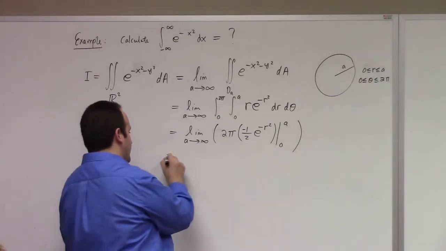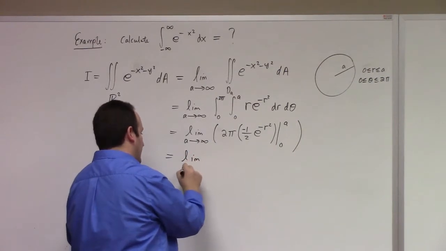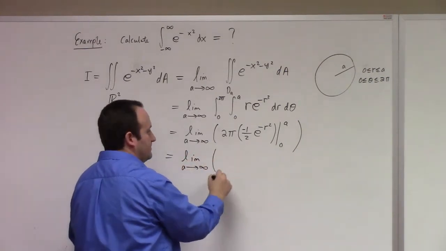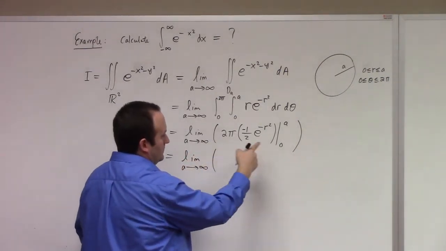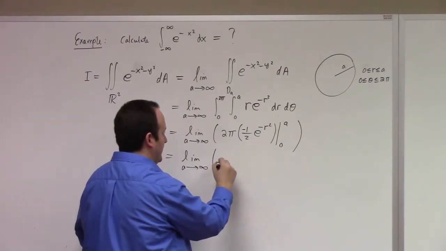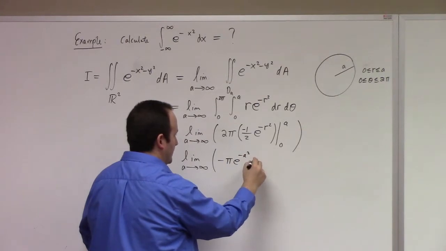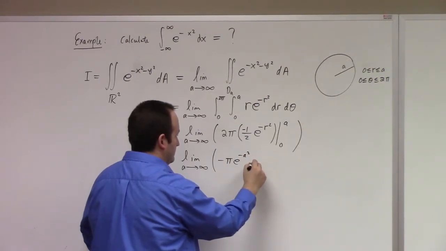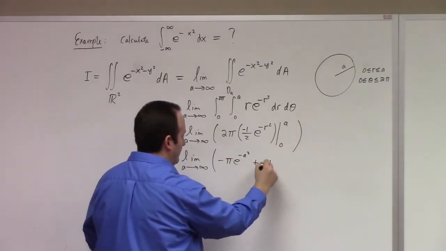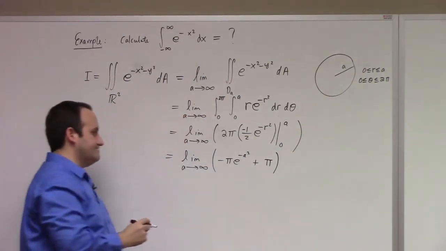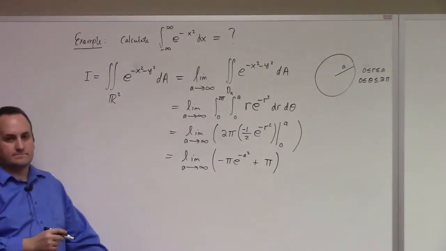So what we have here is the limit as a goes to infinity of what? Let's see here, minus pi e to the minus a squared plus pi. That's a pretty easy limit to calculate.